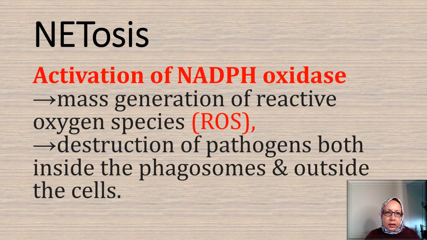Activation of the NADPH oxidase enzyme leads to a mass generation of reactive oxygen species, which will result in destruction of the pathogens, either inside the phagosomes or outside the cells.